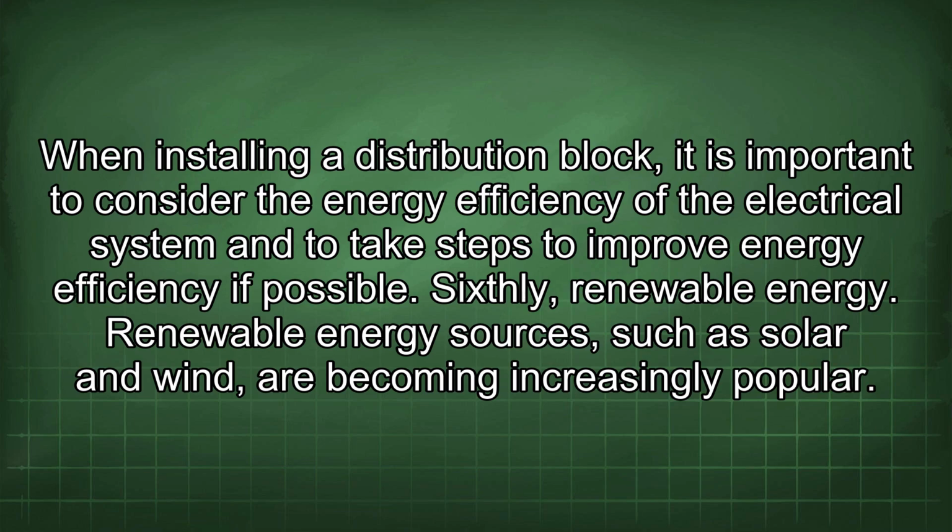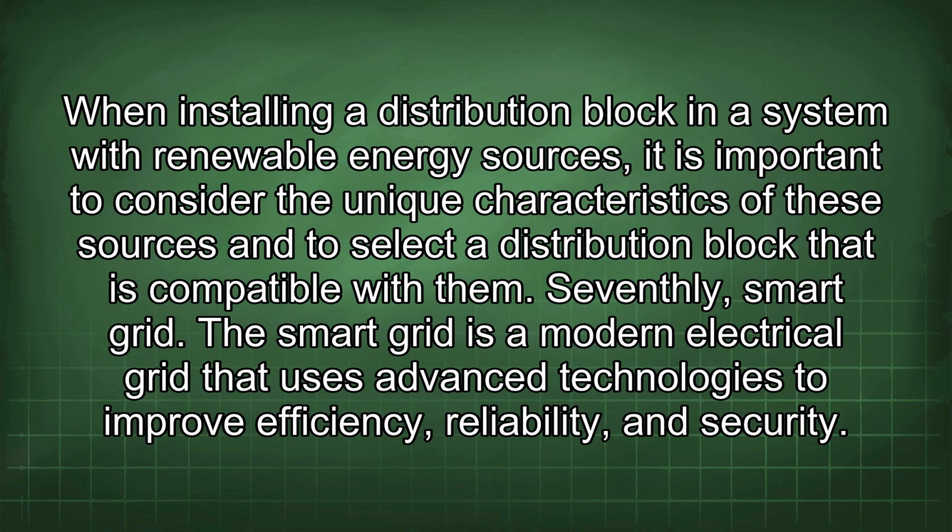Sixthly, renewable energy. Renewable energy sources, such as solar and wind, are becoming increasingly popular. When installing a distribution block in a system with renewable energy sources, it is important to consider the unique characteristics of these sources and to select a distribution block that is compatible with them.